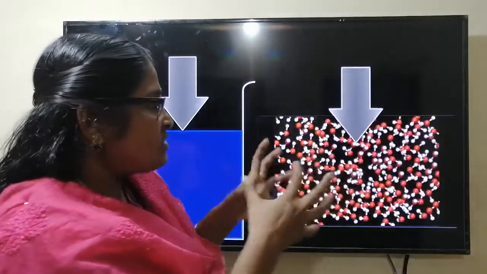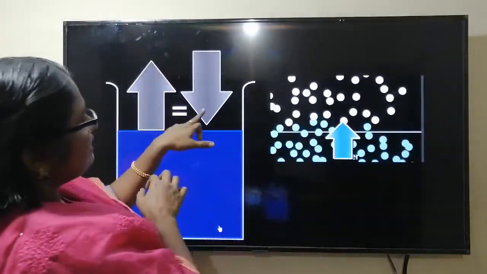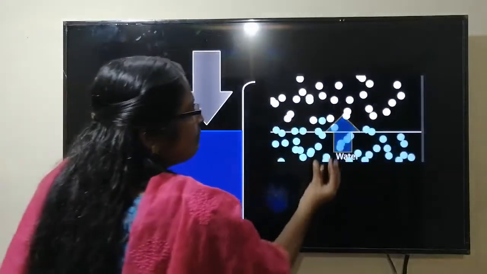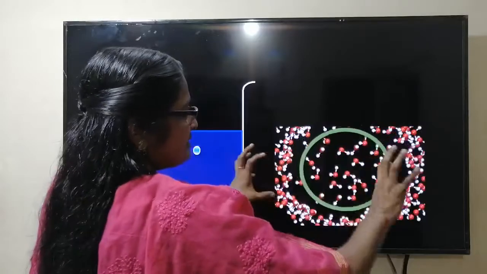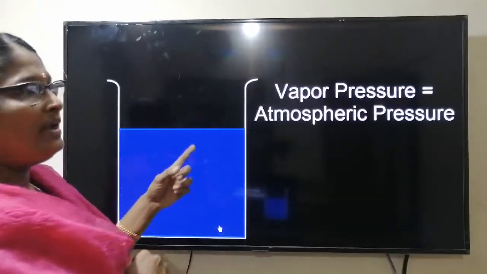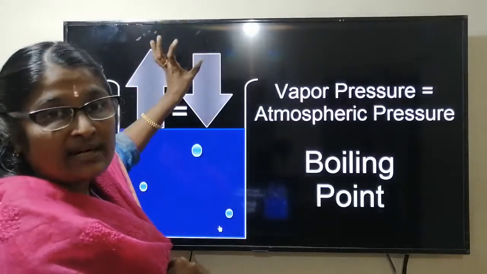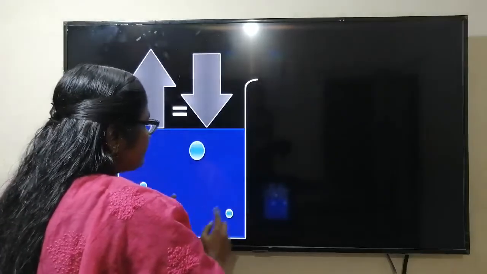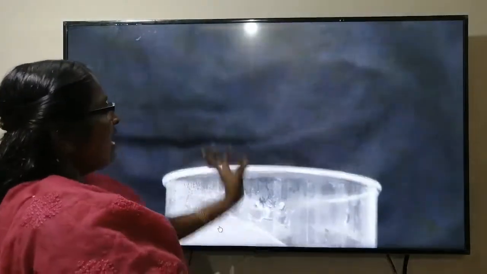As the temperature increases, the particles move apart, and when the vapor pressure becomes equal to the atmospheric pressure, the molecules from the inner part, whose kinetic energy has increased, move away from each other, and these particles from inside also start pushing upwards and escape as gas particles. That is why at the boiling point we can see bubbles of water vapor inside, coming out and escaping in the form of vapor.